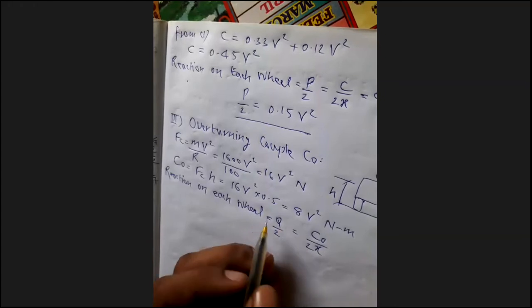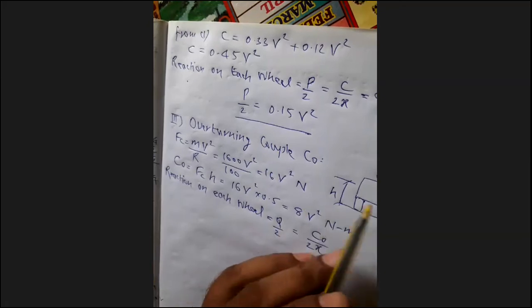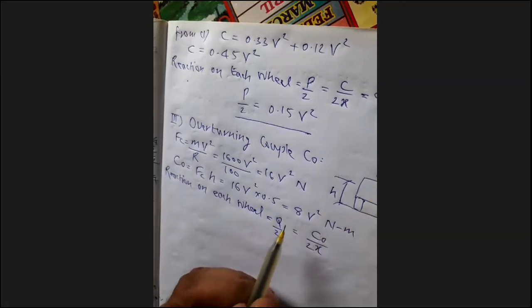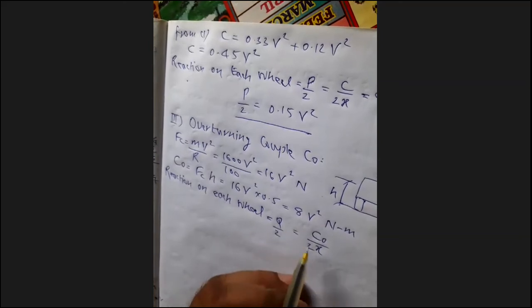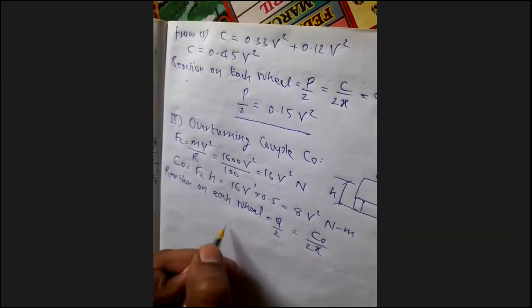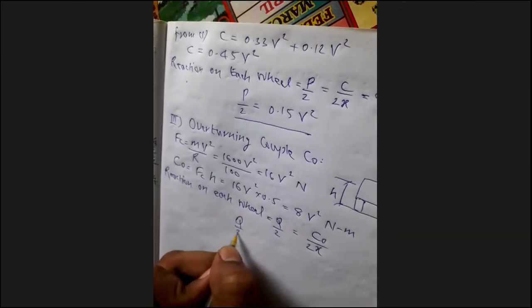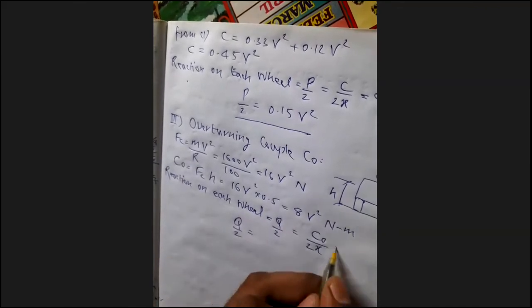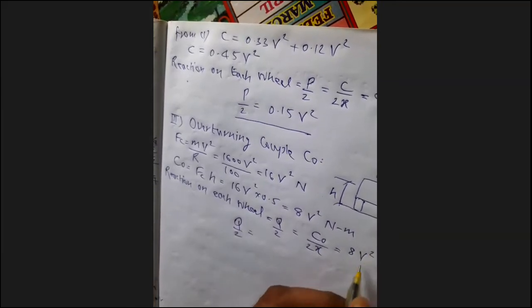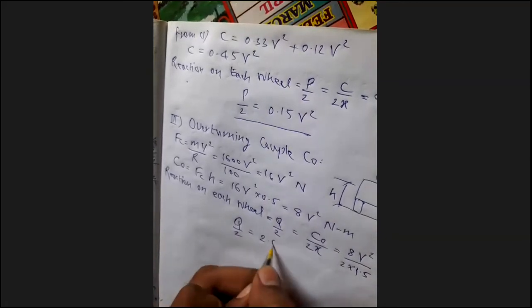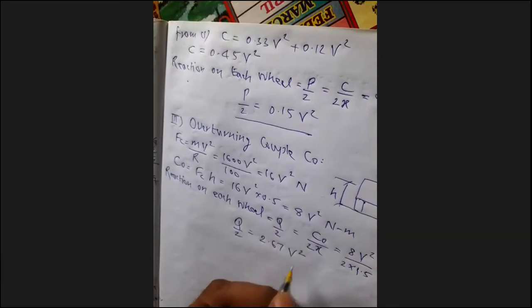We take the moment of this centrifugal force about either the inner wheel or the outer wheel to get this expression. Therefore, we get Q by 2 equal to CO by 2x. CO is 8 V square upon 2 into 1.5. It is equal to 2.67 V square.